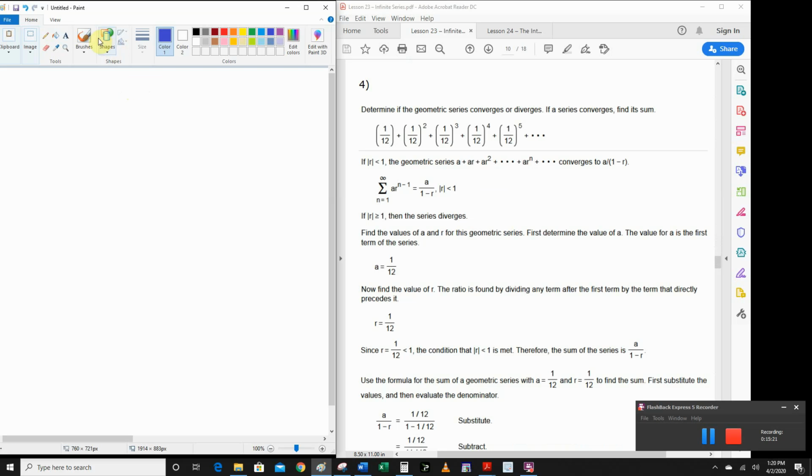Question 4, determine if the series converges or diverges. If the series converges, then find its sum. It's easy to tell the ratio of our series is 1/12. And A, or the first term in our series, is also 1/12.